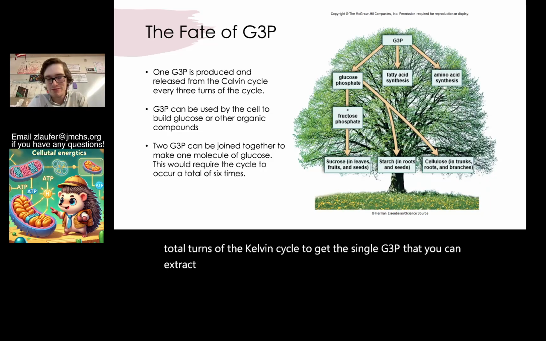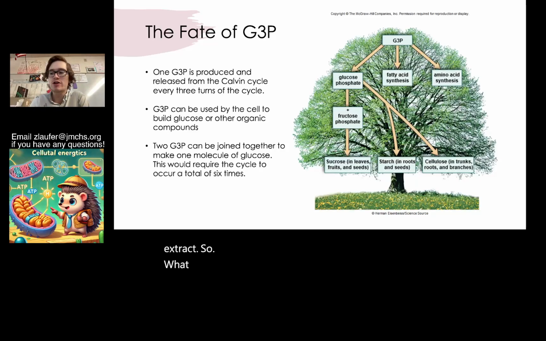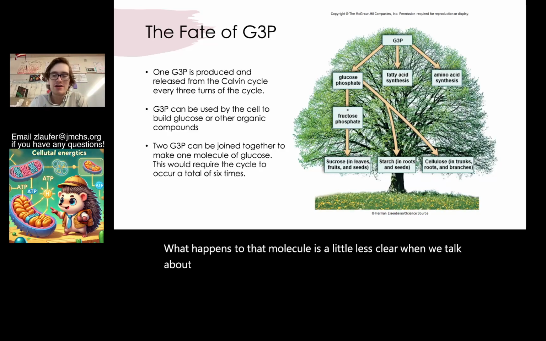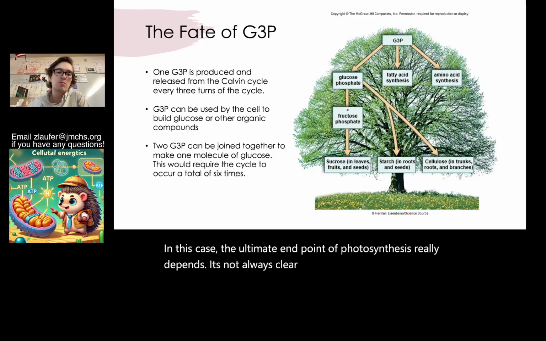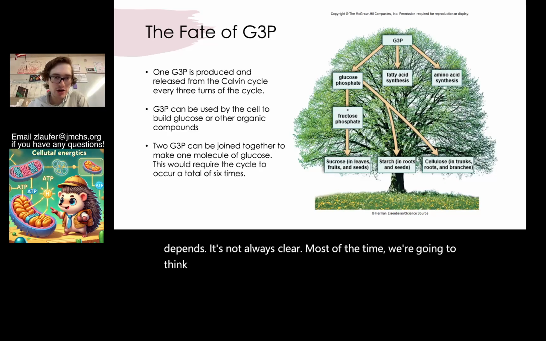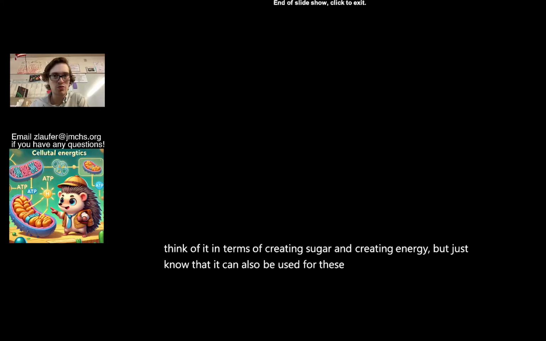So what happens to that molecule is a little less clear when we talk about respiration. It's kind of just, it gets broken down into ATP and everything's great. In this case, the ultimate end point of photosynthesis really depends. It's not always clear. Most of the time we're going to think of it in terms of creating sugar and creating energy, but just know that it can also be used for these other purposes as well.